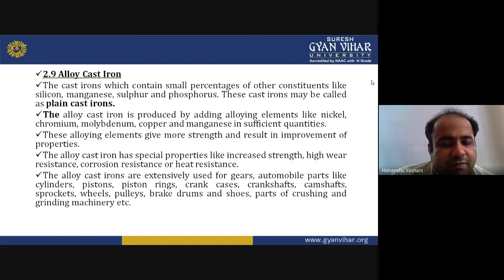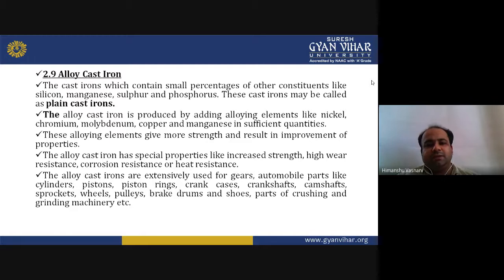crank shafts, cam shafts, sprockets, wheels, pulleys, brake drums and shoes, and parts of crushing and grinding machinery. So you can see that increased strength and high wear resistance give this cast iron so many applications.